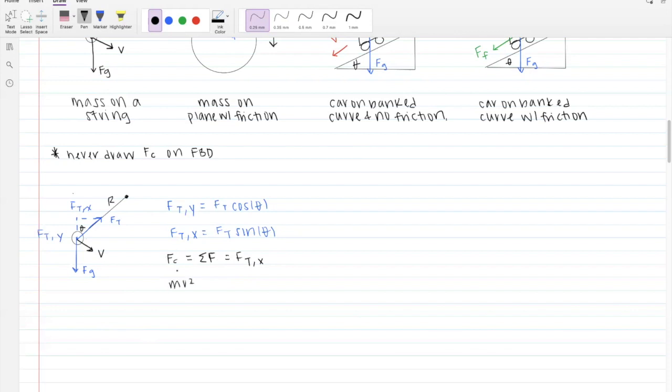So our centripetal force, mv squared over big R, is equal to Ft sine theta. Therefore, usually you'll be asked to define the force of tension in the string. We can rewrite the force of tension in the string as mv squared over R sine theta.